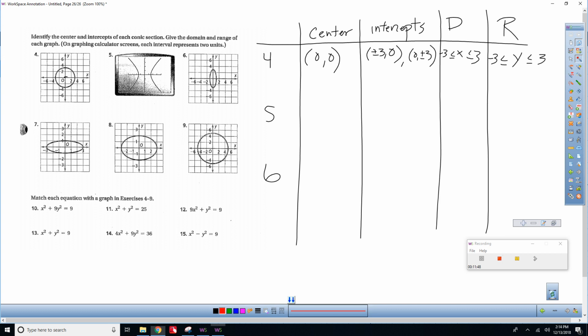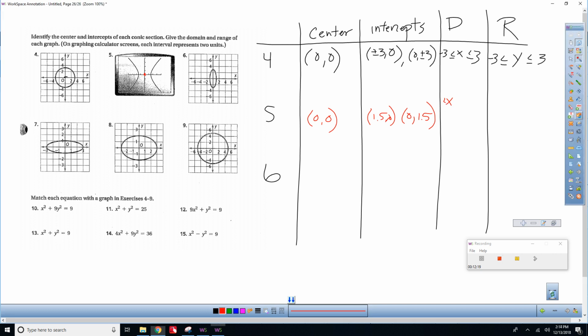Okay? The center here is 0, 0. The intercepts look like 1.5, 0, and 0, 1.5. There is no x-intercepts. How about this?